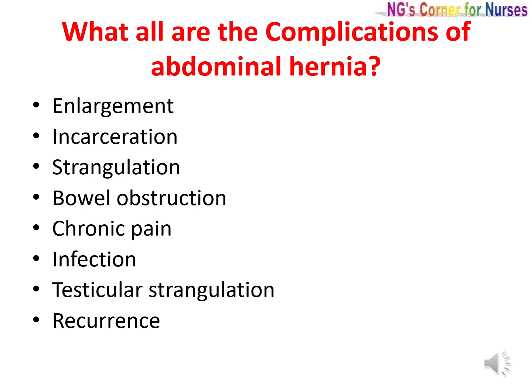Next is infection. The area around the hernia can become infected, especially if the blood supply is compromised. Next is testicular strangulation. In men, a large hernia can compress the testicle, cutting off its blood supply. And the last one is recurrence. After surgery, a hernia can sometimes return.